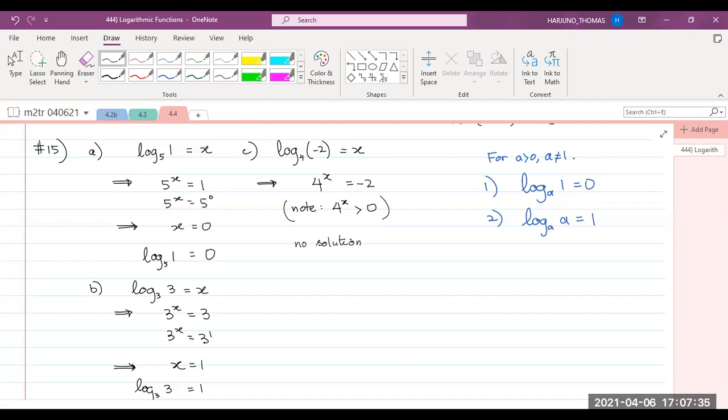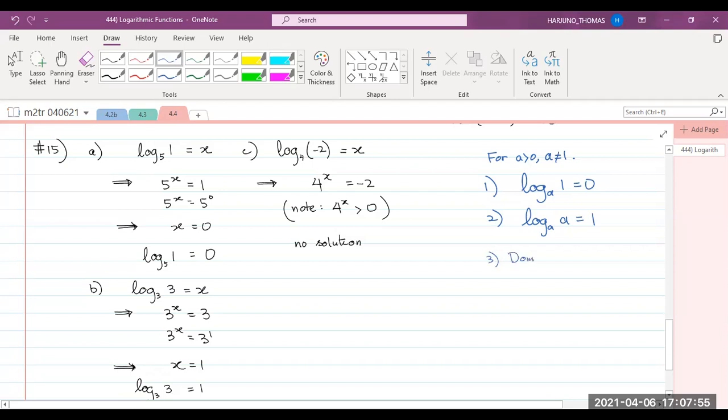Okay, which if you see that, that's because the argument is negative such that it has no solution. Now that brings us to point number 3.